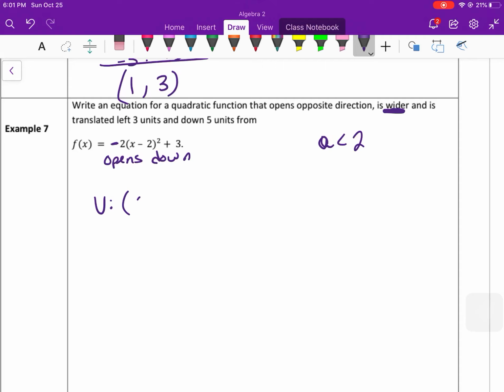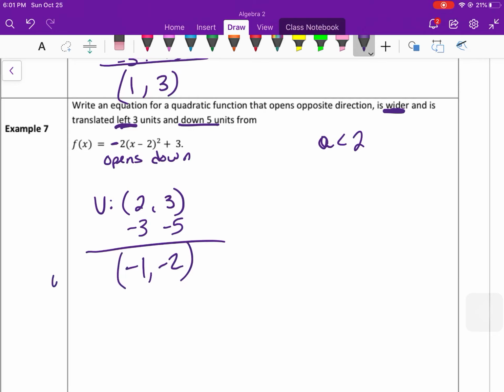And then my current vertex is at 2, 3. I need to shift it left 3 units, so subtract 3 from the x coordinate, and then down 5, subtract 5 from the y coordinate. That'd be negative 1, negative 2 would be the new vertex.